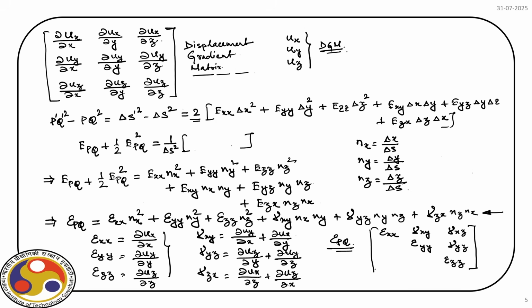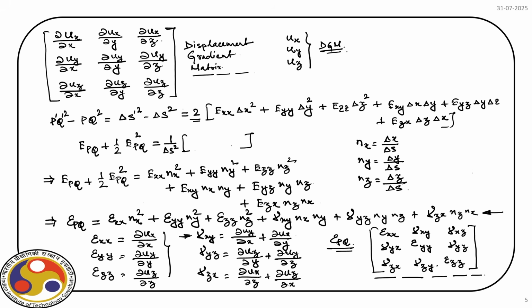And if you look at the expression of gamma xy, obviously it will be equal to gamma yx. So, now we have that complete 3D strain field, and here just notice that we have considered the linear variation in strain.